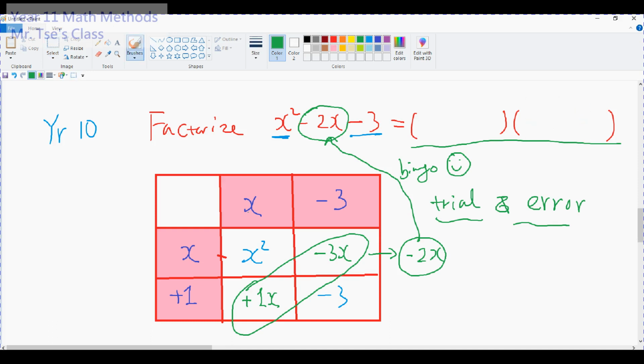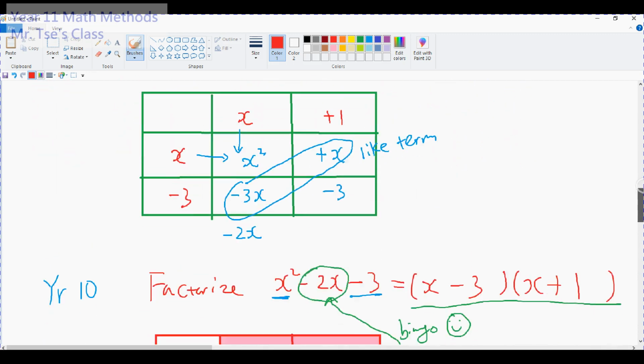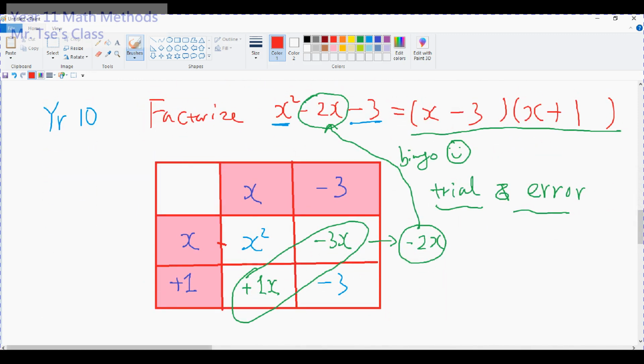So that should be x minus 3 here, and the other is x plus 1. When you expand them, you will get the same terms. So that's how it works. That's why I love using tables, because it's reversible. It's always reversible, and it's easier to understand.